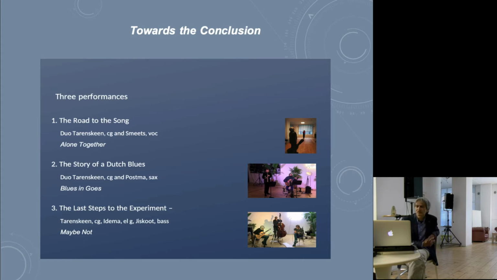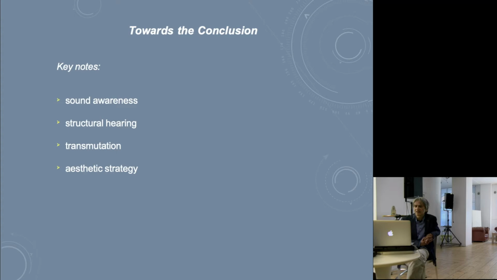With these aspects in mind, by listening to the three pieces one after another, an abstraction becomes evident in sound awareness. This is a way of structural hearing focused on transmutation. As such, this is leading towards a comprehension of an aesthetic strategy for structural hearing. Now, the conclusion is as follows.